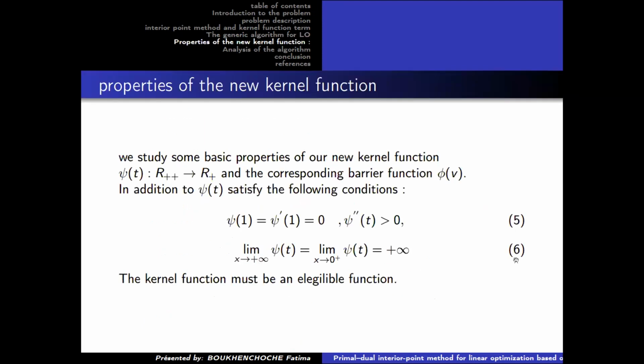Then the properties of the new kernel function. We study some basic properties of our new kernel function, psi, and the corresponding barrier function, phi. In addition, psi satisfies the following conditions given by 5 and 6, the kernel function must be an eligible function.